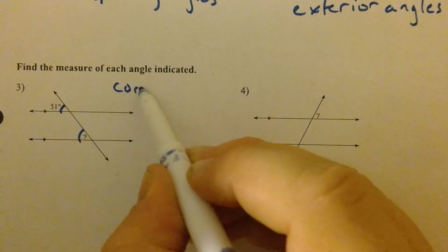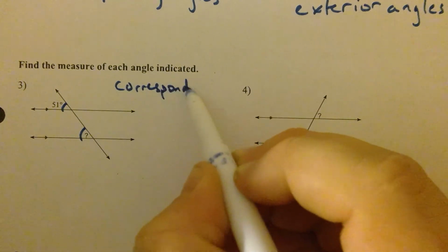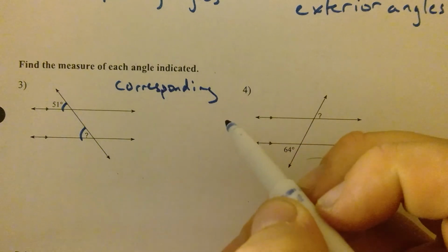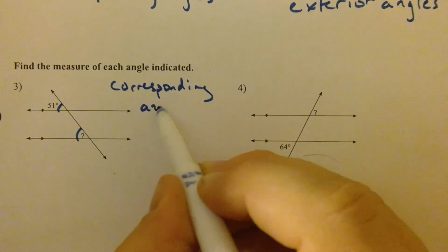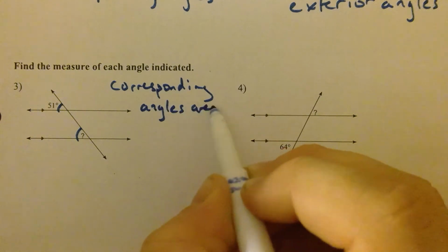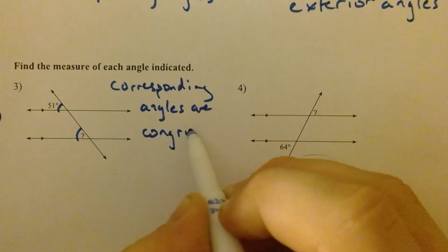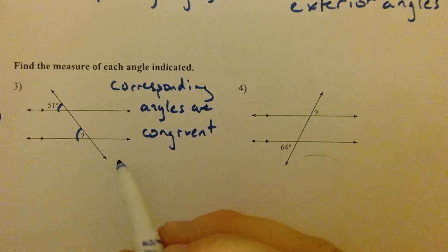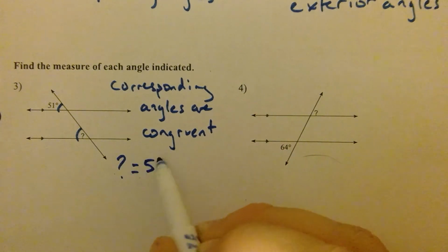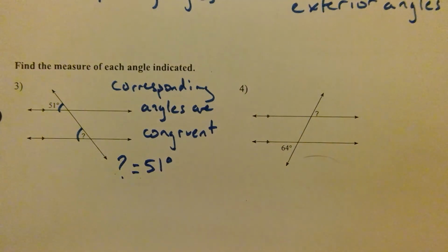So we just make a note here that those are corresponding. And if we know that they're corresponding angles, we can recall that corresponding angles are congruent. Okay, so congruent means it's the same. So that means that the question mark equals 51 degrees. Go and try number 4 on your own.